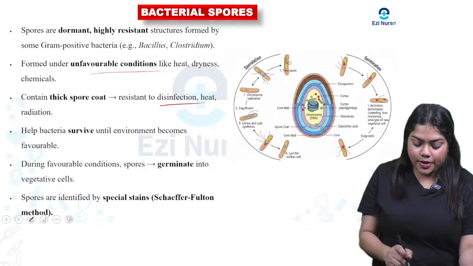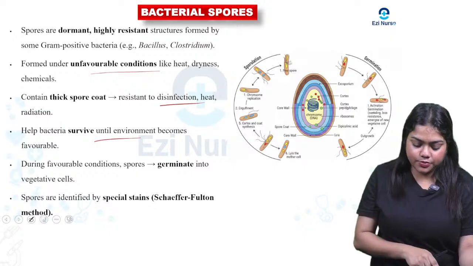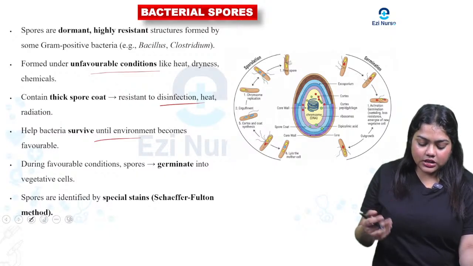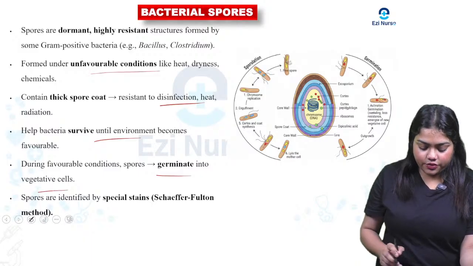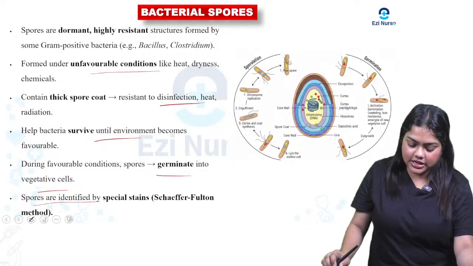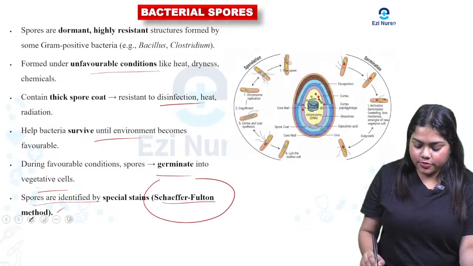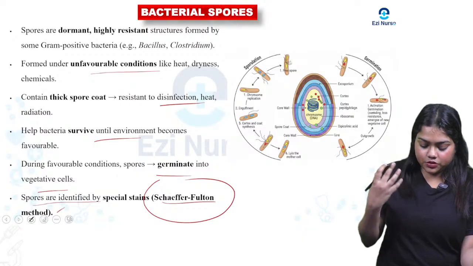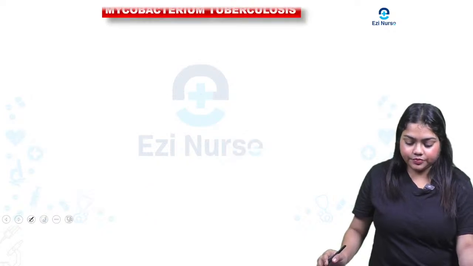Okay, it helps the bacteria survive until the environment becomes favorable. During favorable conditions, spores germinate into vegetative cells, and spores are identified by special stains such as the Schaeffer-Fulton method. Okay, try to remember this. Spores are identified by the Schaeffer-Fulton method.